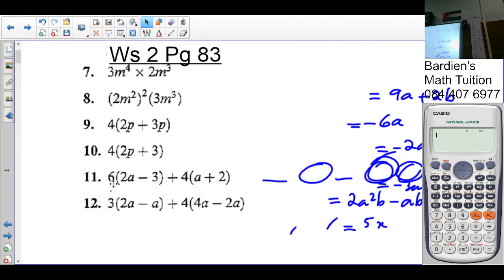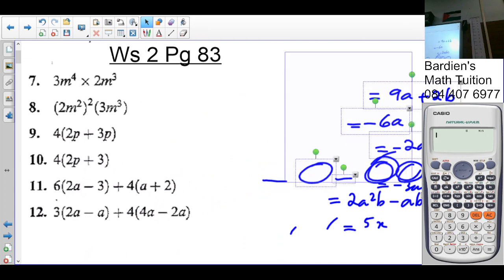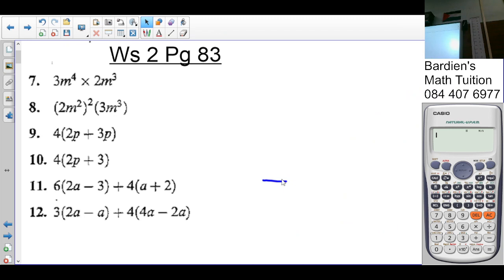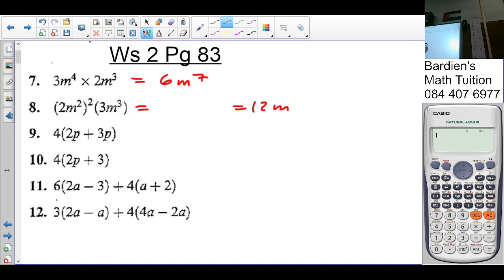Okay. Number 7. That's the answer to number 7. 6m^7. Next. You got 12m to the exponent 7.